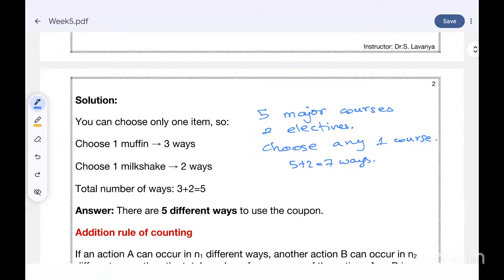So you can choose one course in 7 ways, right? Any one out of all these courses. So the total options given to you is 7. Okay, fine.